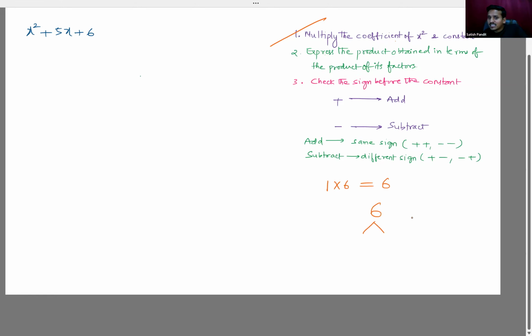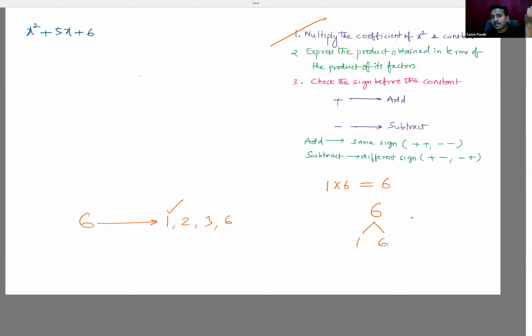I can write 6 as 1 into 6, right? 1 is a factor of 6 and 6 is also a factor of 6. We have also learned what a factor is during our regular classes. What is a factor? A factor is a number which is going to divide the number exactly. For example, if you take 6, the factors of 6 are 1, 2, 3, and 6. Why?